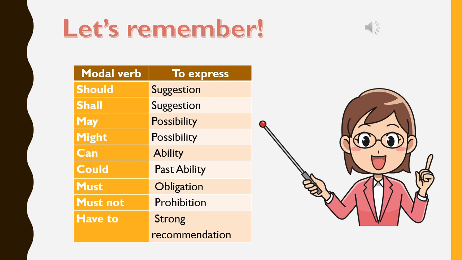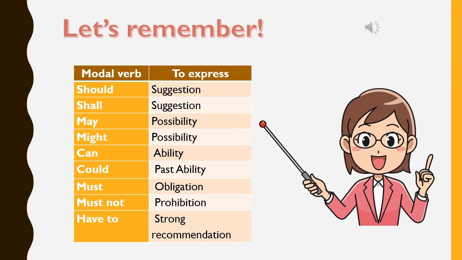Okay, here we have a chart with the modal verbs and what they are used for. For example, should is used to express suggestion, advice, or recommendation. And shall is similar because we use shall to express suggestion.